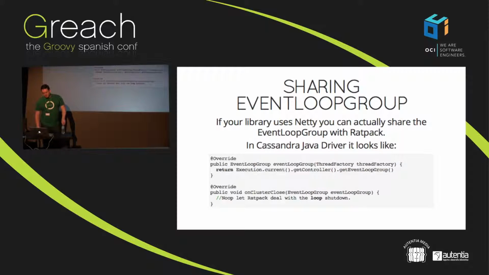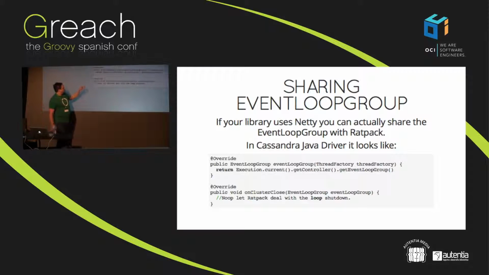Now, when you're adapting these asynchronous ones, a lot of them are using Netty now. And that's really great because Ratpack uses Netty under the covers, and that means we can share the event loop group, because you don't want more than one of those running; one is enough for multiple libraries all working together in Netty.